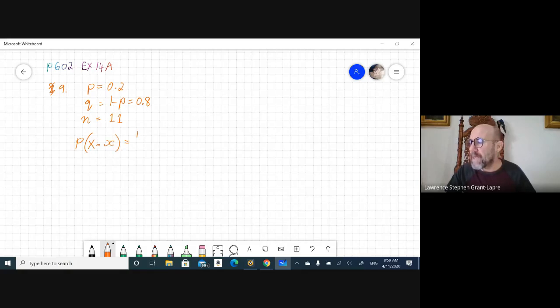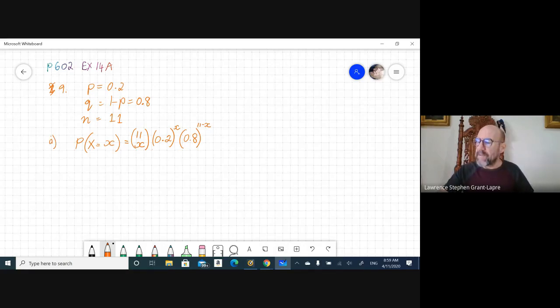That will be 11CX, p to the power of X, so X successes, and I'm going to put p as 0.2, because it did ask us to replace p and q for the general rule, so 0.2 to the power of X successes, and failures is 0.8 to the power of 11 minus X. Okay, that's the general rule.